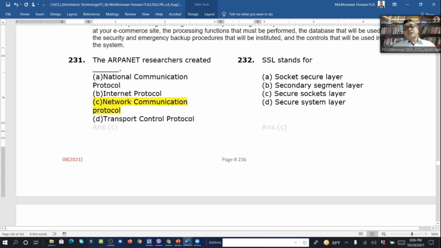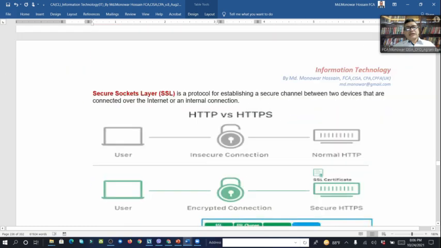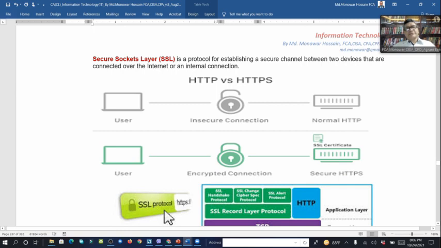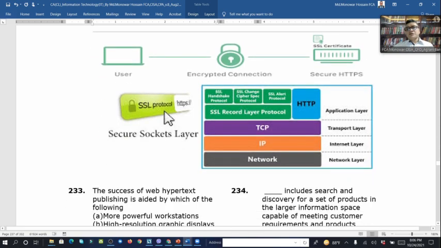SSL stand for, what is SSL? So here this is the SSL, look here. Secure Socket Layer is a protocol for establishing a secure channel between two devices that are connected over the internet or an internal connection. We know in network side we have a lot of layers.